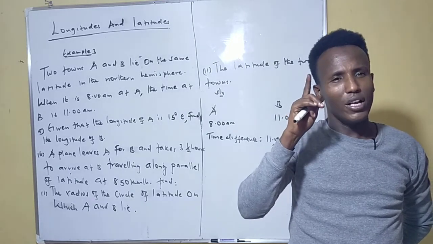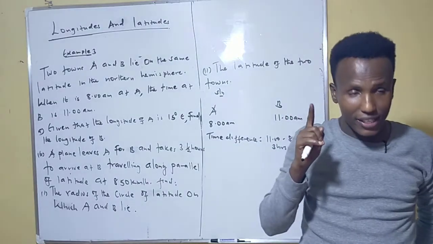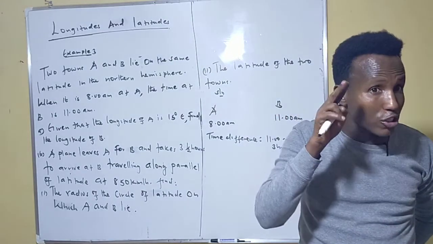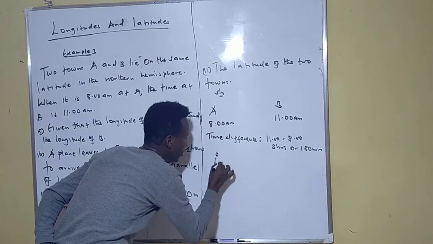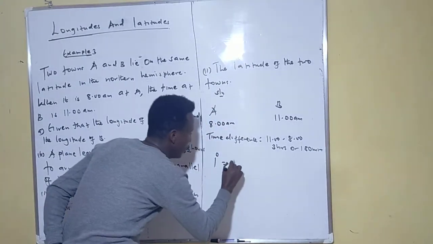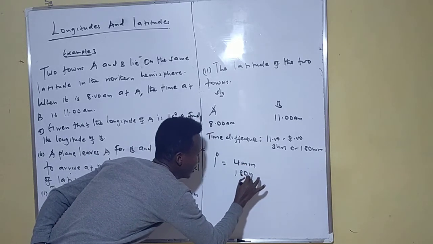So we'll use that. 1 degree difference in longitude is equivalent to 4 minutes. What about 180 minutes?